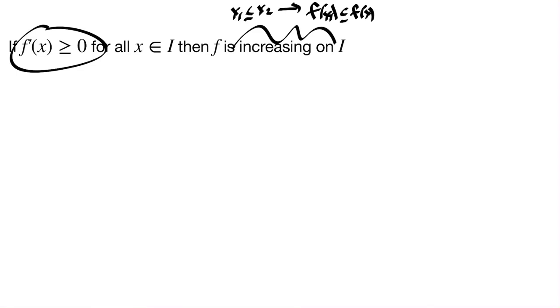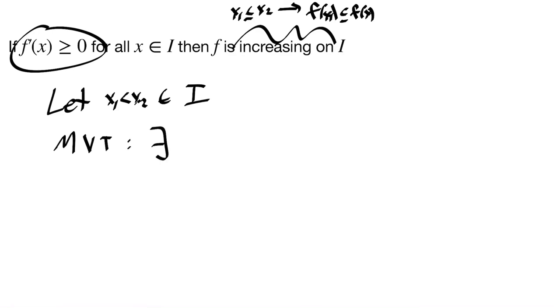Well, here's why. What we have to do is let x1 and x2 be in our interval. So we'll start by saying let two values be in our interval. And let me make sure one's smaller than the other. So we'll let x1 be less than x2, and they will both be in our interval I. Well, the mean value theorem that we did just a second ago gives us a relationship between those two values.